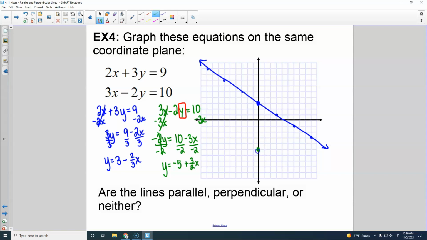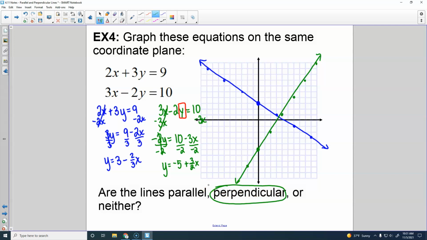Perfect. And then, what's the slope? 3/2. Yeah. So, we'll go up 3, to the right 2, and we'll get this green line right here. What would you guys say for that? Parallel, perpendicular, neither? That one's perpendicular, it looks like.